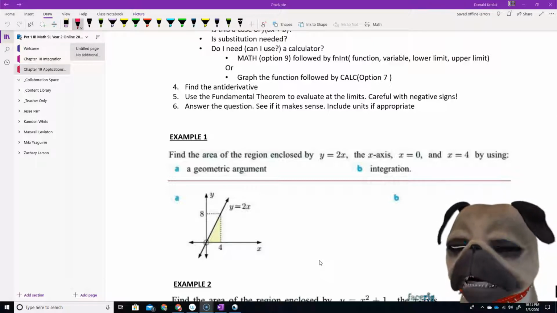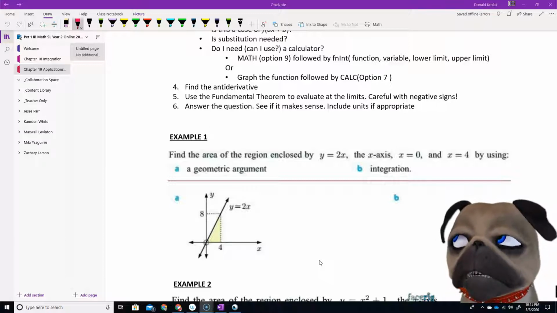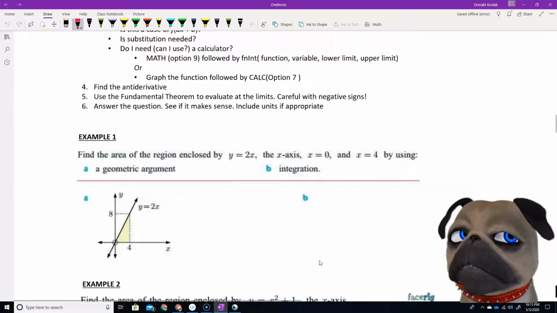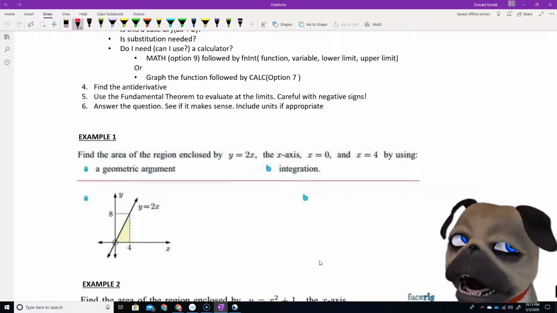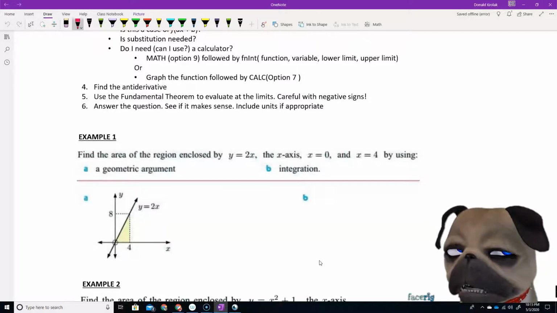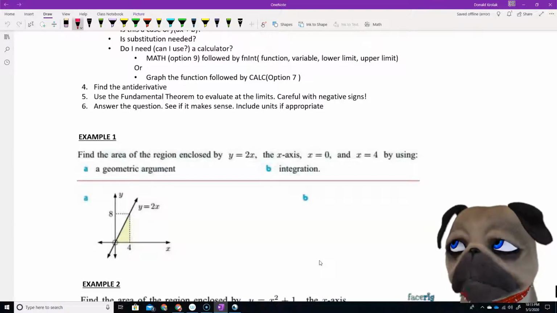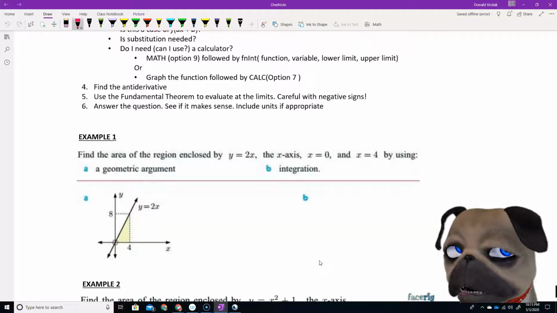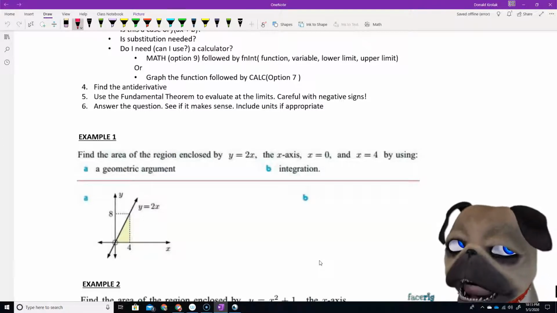Now, that was only necessary when you didn't have a shape that you already knew. So, for example, if I wanted to find the area enclosed by the line y equals 2x, which is this line right here, the x-axis as another boundary, and the vertical lines x equals 0 and x equals 4 as my left and right boundaries, that's really no big deal because that's just a triangle.